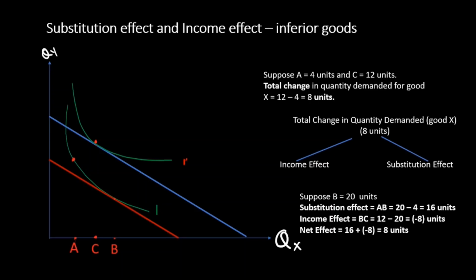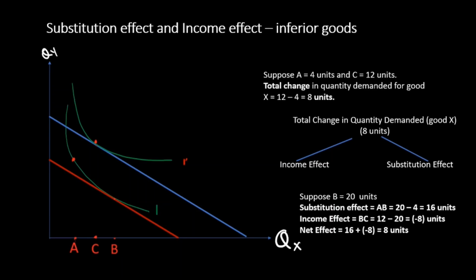Now, income effect is BC, because from B, the consumption has reduced to C. My point C lies on the higher indifference curve, a different indifference curve. So my income effect is BC, which is 12 minus 20, which is equal to minus 8 units. My B was 20, my C was 12.